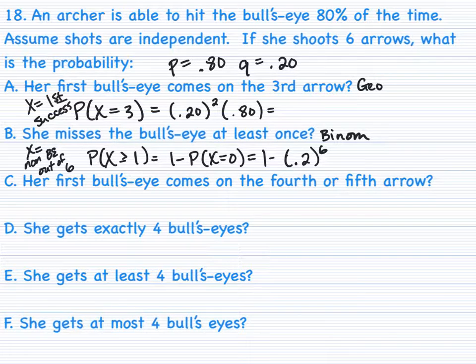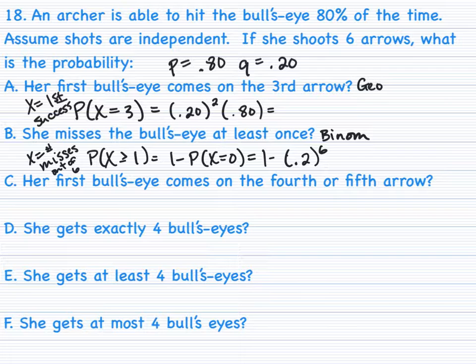So 1 minus the probability that she, did I just screw that up? Okay, so I just changed the X equals to the number of misses out of 6, which is the same thing, but it was just not making very much sense to me. So then the number of misses would be at least 1. So 1 minus missing 0. So 1 minus probability of failure 0.2 to the 6th. So that's how that's calculated. My apologies for that little stumble.